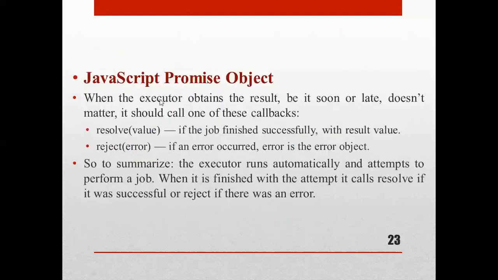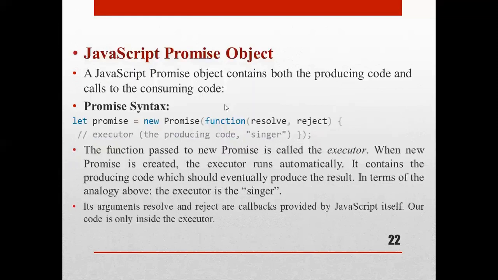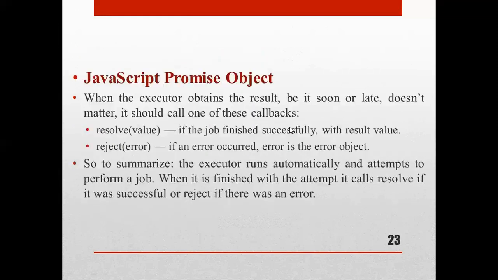When the executor obtains the result, whether early or late, that doesn't matter, it should call one of these callbacks: resolve, which means value, or reject, which means error. If the job finished successfully, we will get a result value.